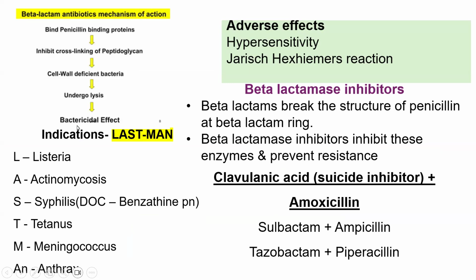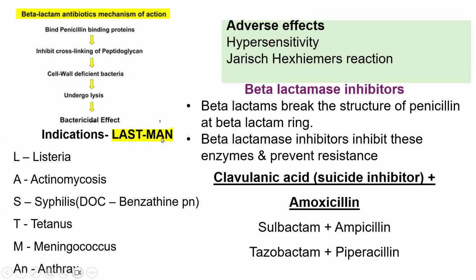So bactericidal effect. And coming to uses of penicillins, you can remember with LOST MAN. LOST MAN is the mnemonic for uses of penicillins. L for listeria, actinomycosis, syphilis, and T for tetanus, M for meningococcus, and AN for anthrax. For syphilis, the drug of choice is benzathine penicillin.